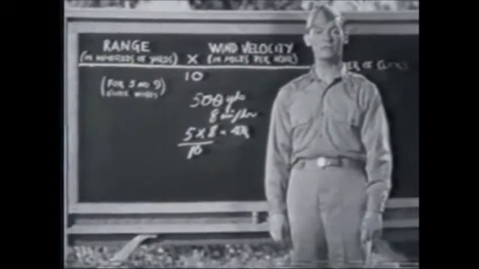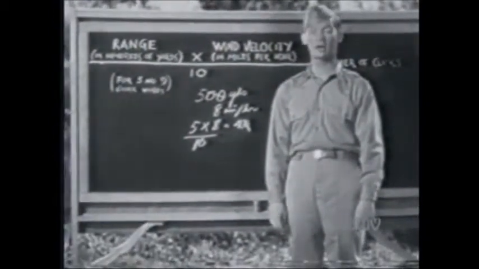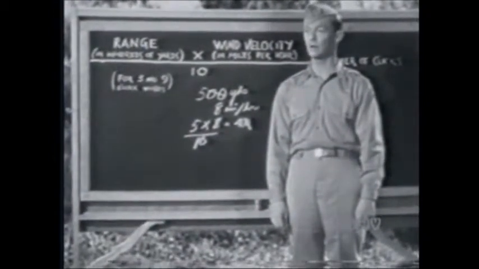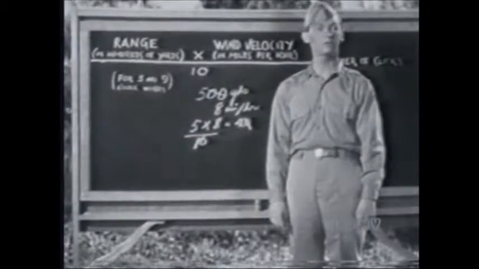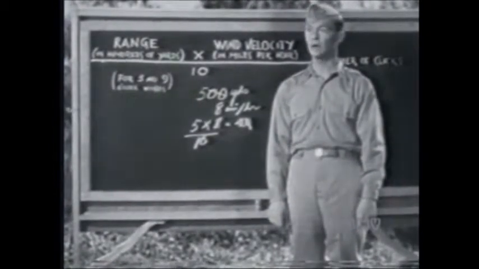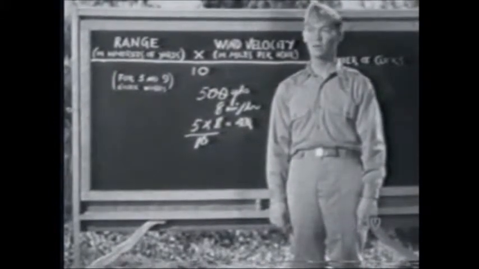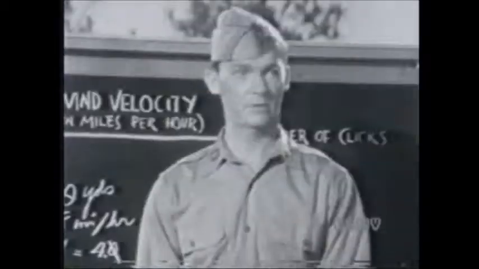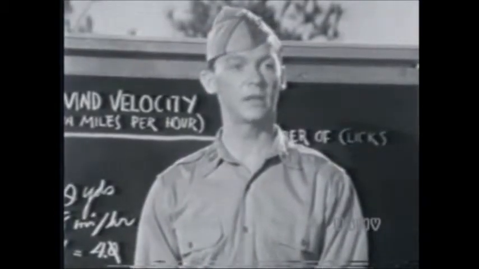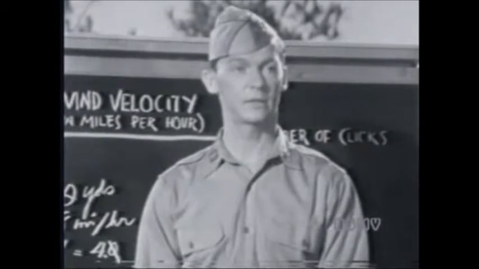You multiplied 5 for 500 yards times 8 for 8 miles per hour. And you got 40. Now, we have to divide by 10. In other words, we have to knock off that last 0. And the answer was 4. So 4 is the number of clicks of wind allowance you must take.